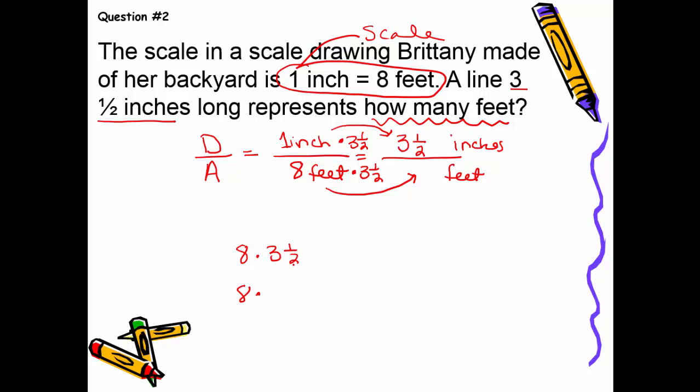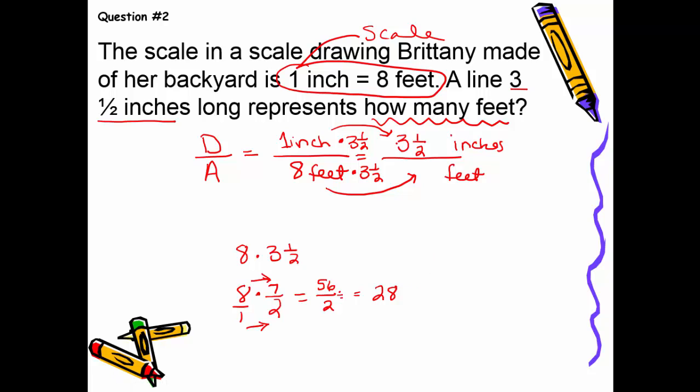That's 8 times 3 and 1 half, which is 7 halves. 8 is the same as 8 over 1. I multiply straight across the top, straight across the bottom. 8 times 7 is 56. 2 times 1 is 2. 56, that fraction bar means to divide. 56 divided by 2 is 28.